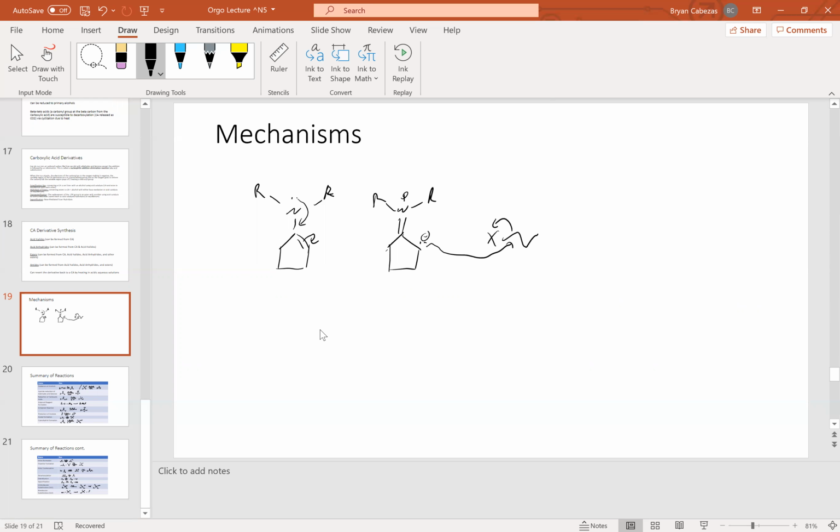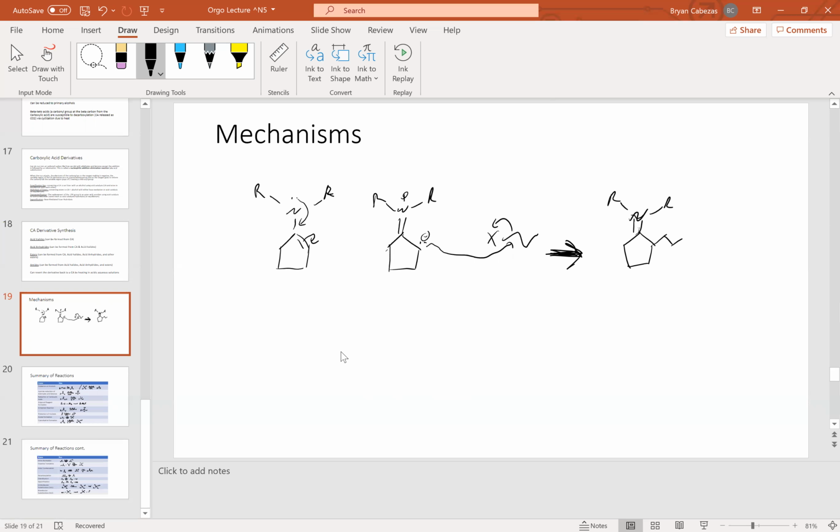The X, or the halogen, leaves, and the result is going to be the formation of a chain like such, right? We can remove the leaving group, and then we can have this form right here.